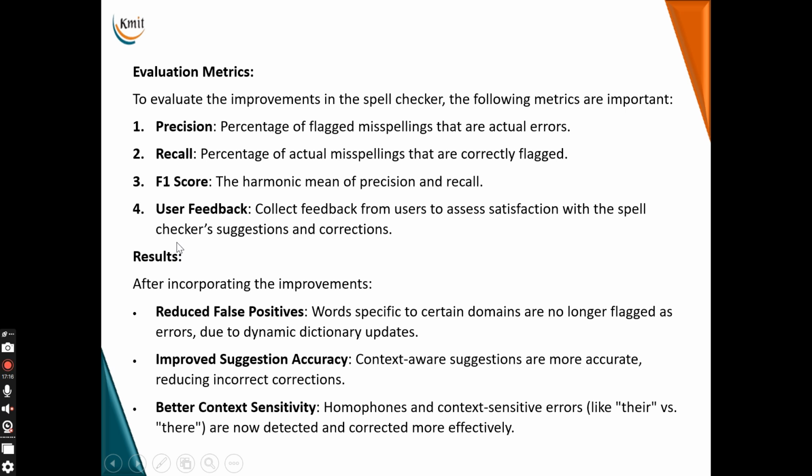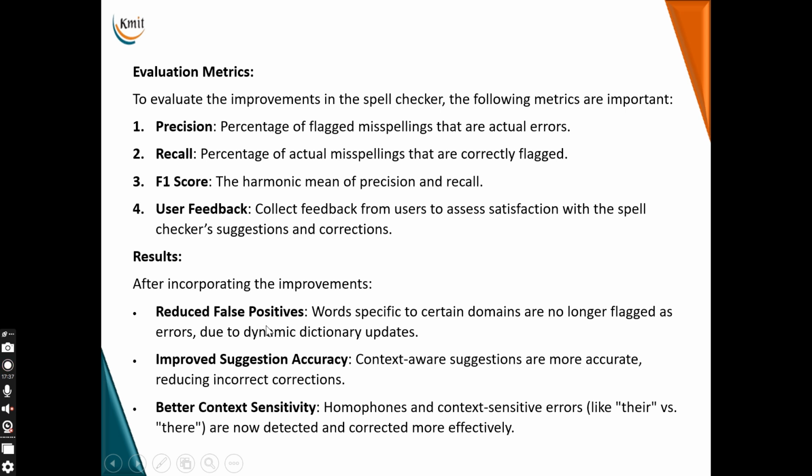Evaluation, as I have shown: precision, recall, F1, user feedback, these are some of the evaluation metrics which will help us to identify how accurately the model is working. After incorporating all the improvements, the number of false positives has reduced.